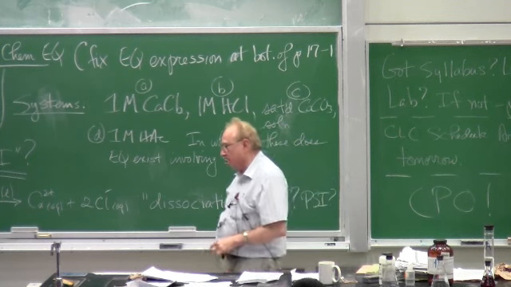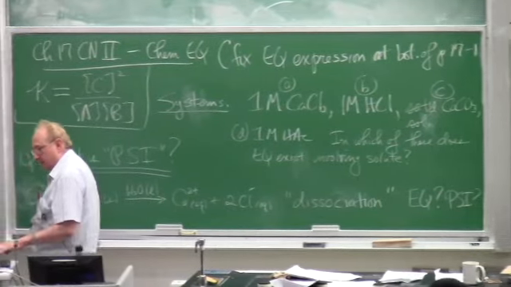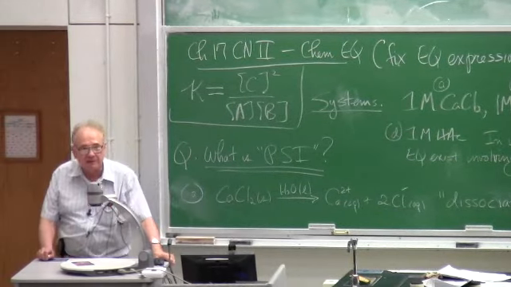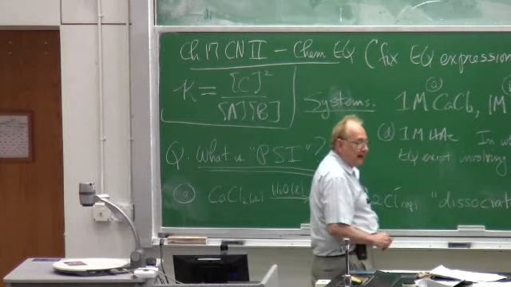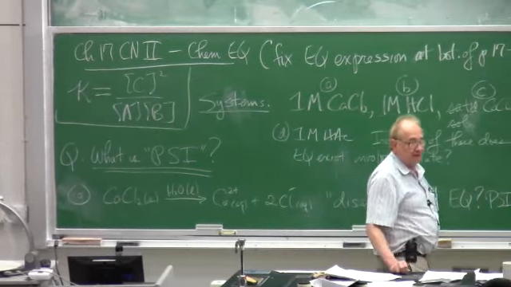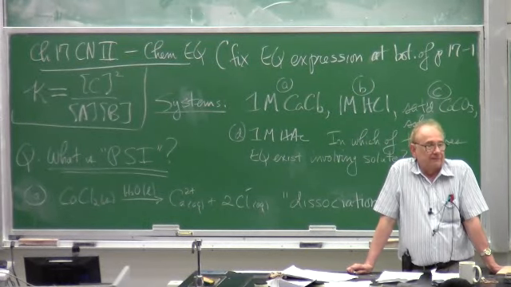Chemical equilibrium, chapter 17. We introduced you in brief to this consideration yesterday, and reminded you that this is extremely important because, practically speaking, all reactions under appropriate conditions achieve this condition. It's a dynamic condition.